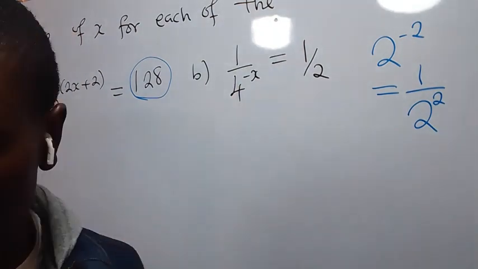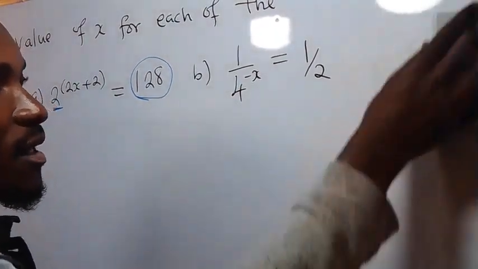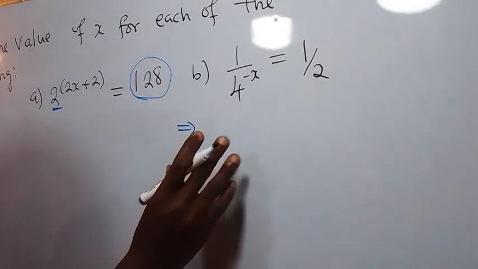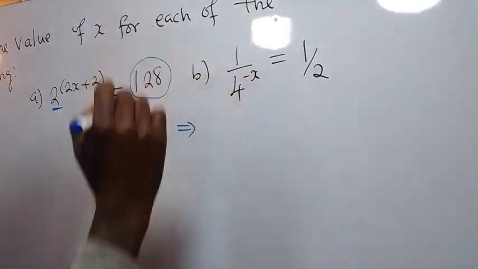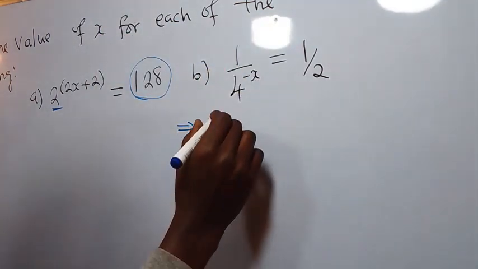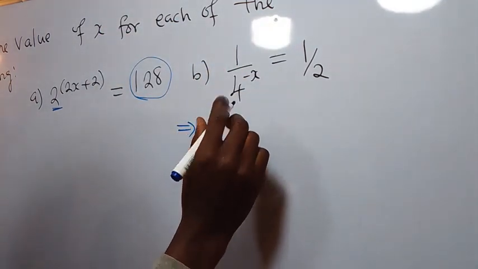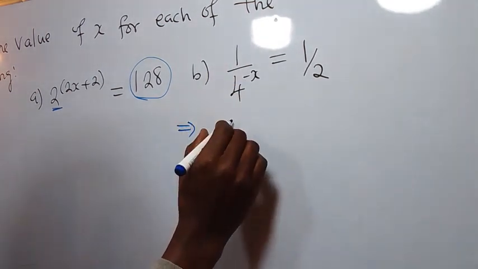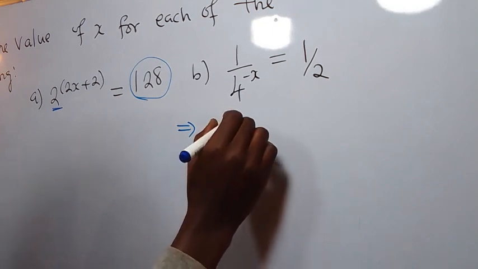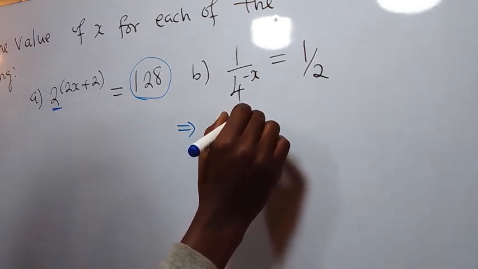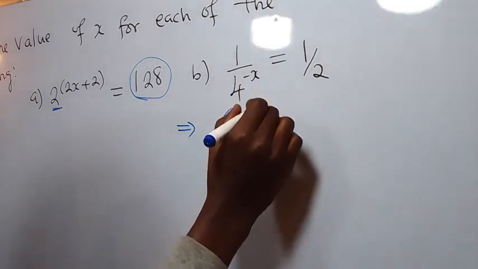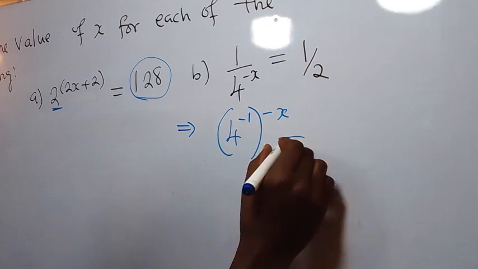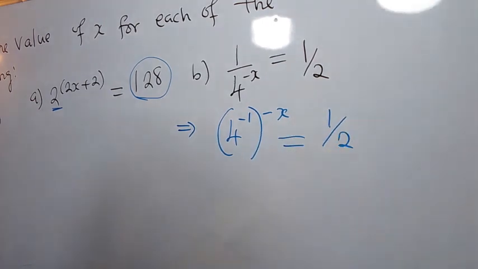Okay, so now let's jump into the actual question and see how we can do that. This one, we are going to say it's 1 over 4 to the power x, which is 4 raised to the power negative 1, and then to the power x. Then this simply means that this equals that.